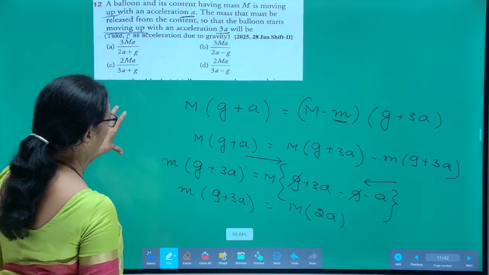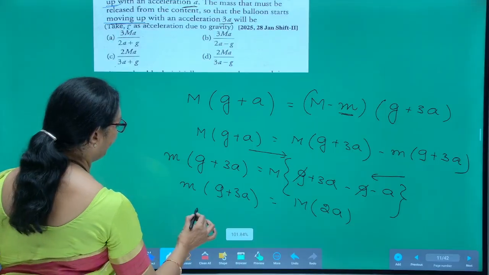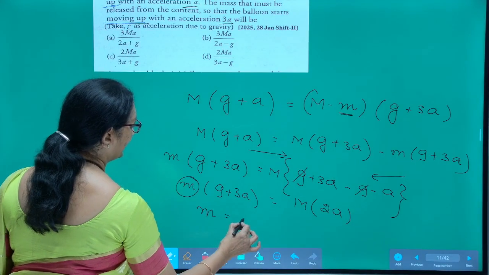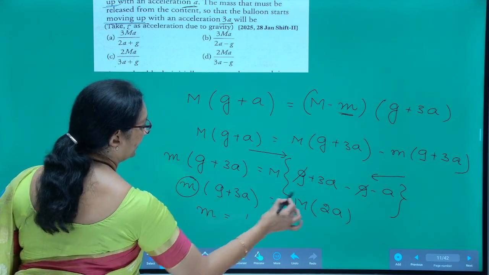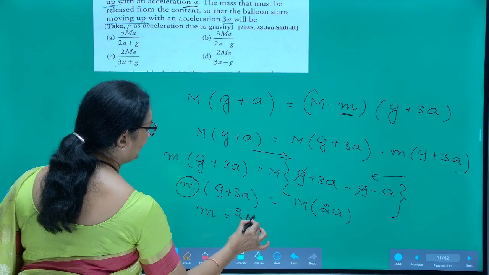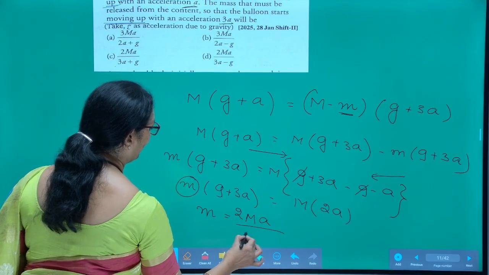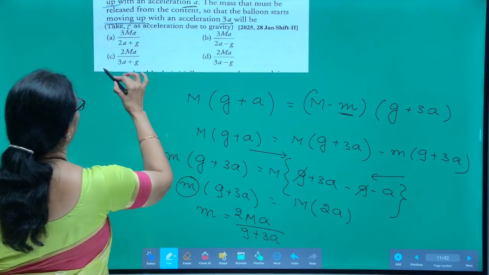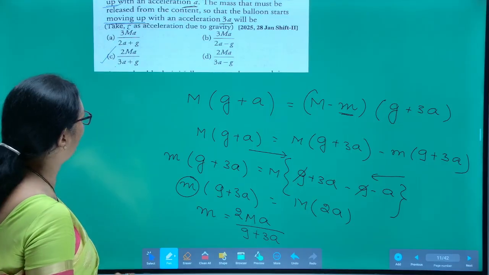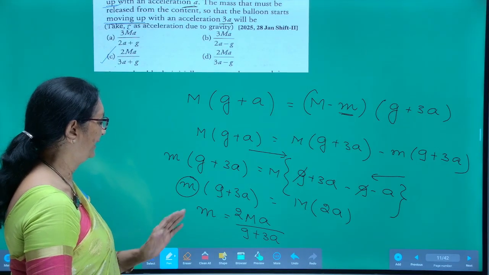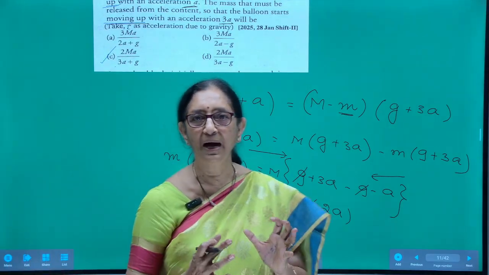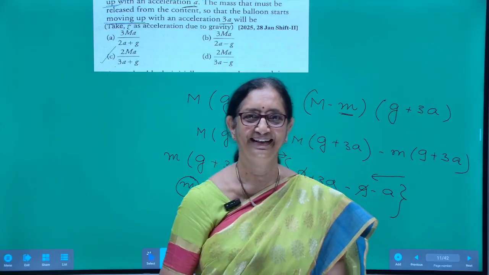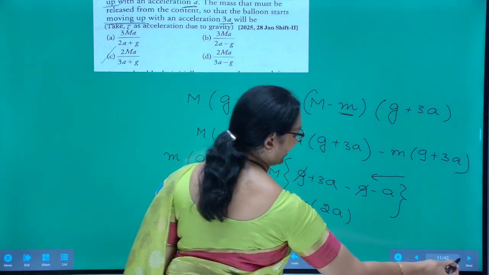So, the mass which is removed, Δm, is equal to 2ma divided by (g + 3a). 2ma divided by (3a + g), that is the mass removed from the balloon. Is it all right? Okay, that's quite an interesting problem.